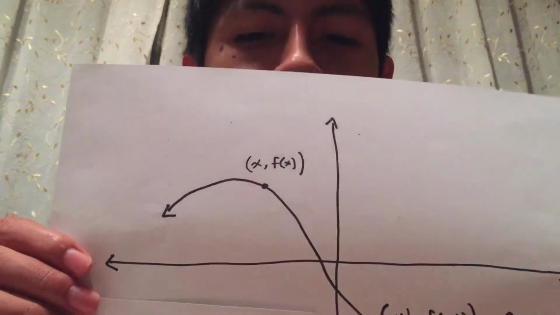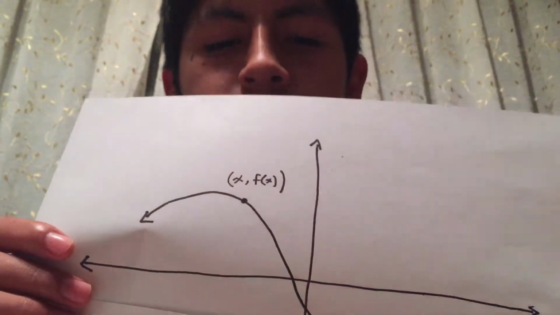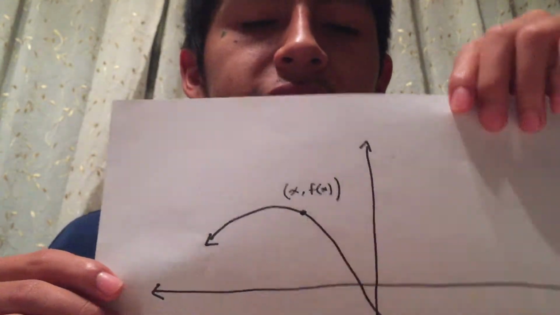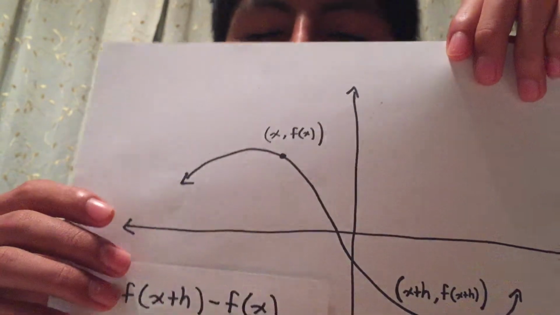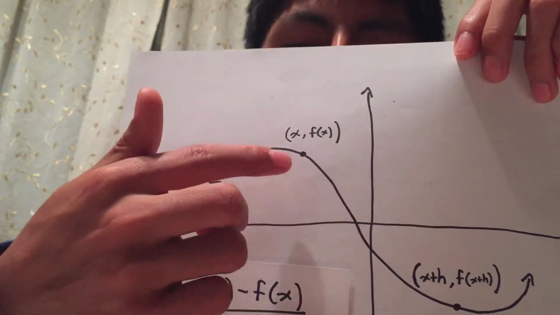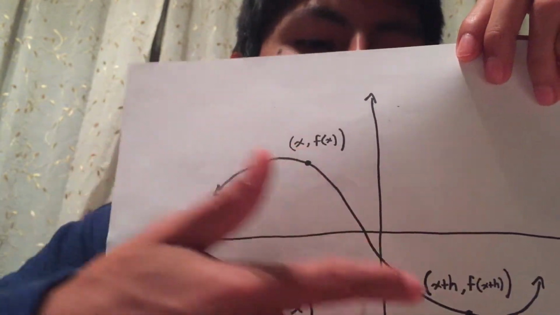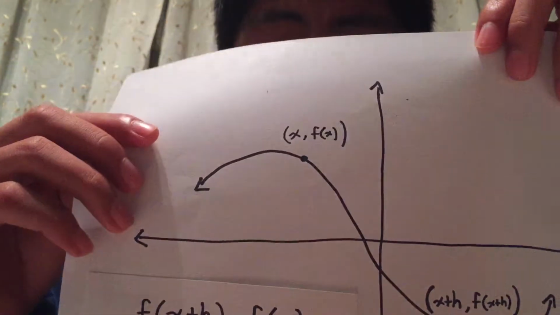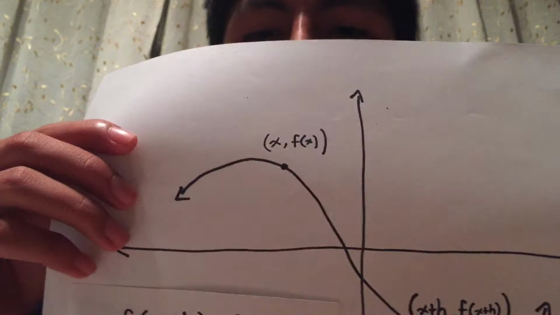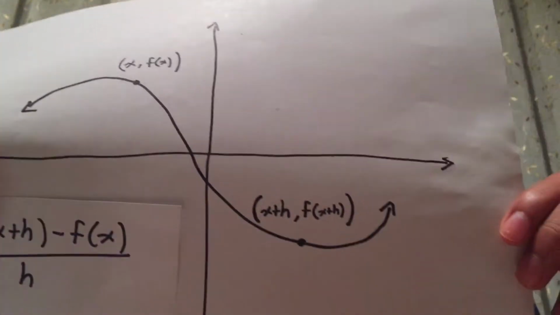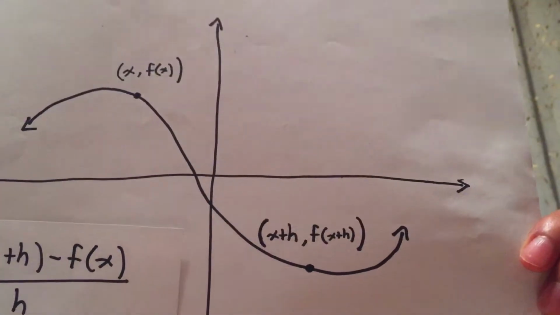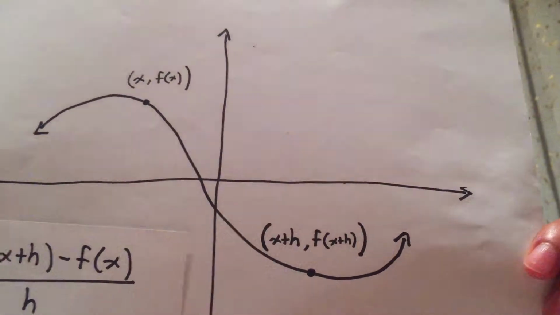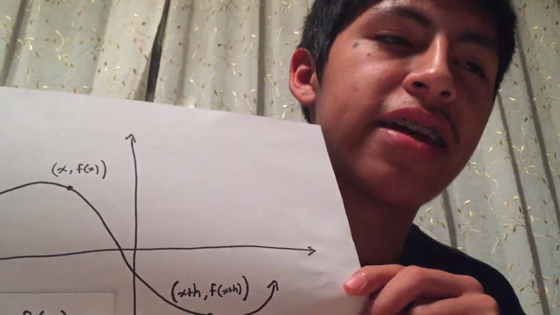So here in our more advanced line, very slightly more advanced line, you'll notice that I made 2 points, point 1 and point 2. First point having the coordinates of x and f of x, and the second one having x plus h and f of x plus h. Now you must be thinking, what does the h mean?